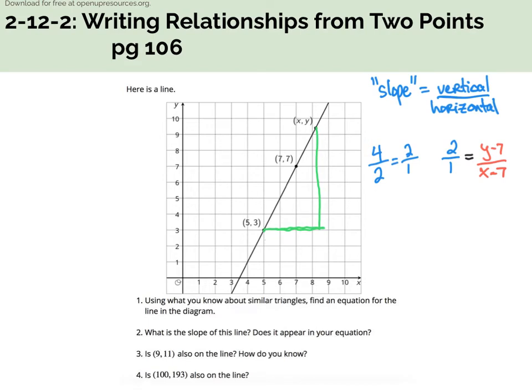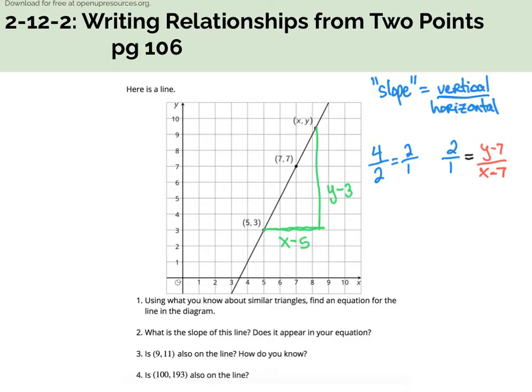So following the same pattern as in lesson 11, we did y minus 3. And for our horizontal, that's the x stuff, we did x minus 5. So we had y minus 3, x minus 5. And so these are the vertical and horizontal of the green triangle.